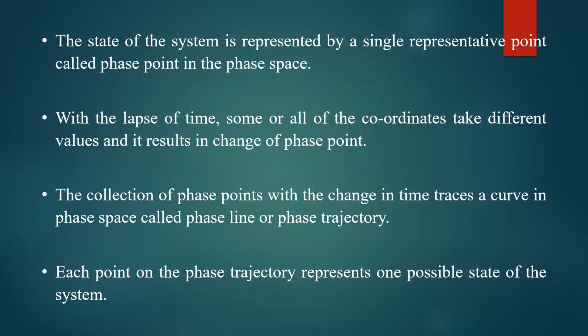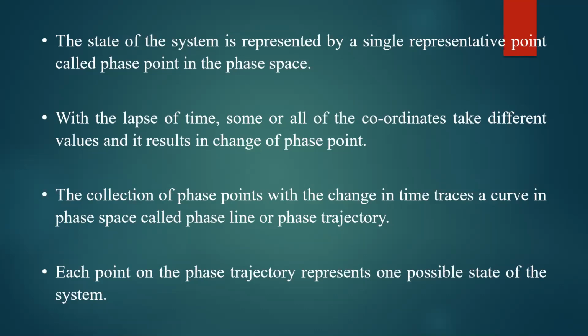So each point on the phase trajectory represents one possible state of the system. I have shown you that for a spring oscillator, the phase line is a circle. It is the phase line for the spring oscillator. So the circle is a collection of phase points. Each phase point represents one possible state of the system.